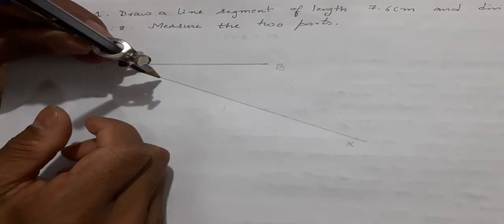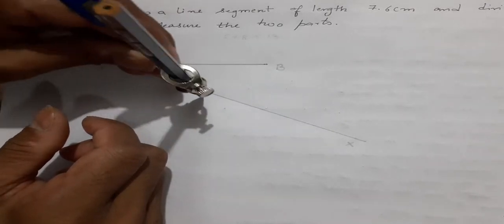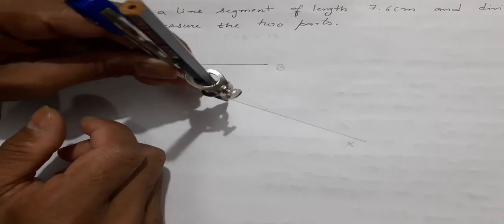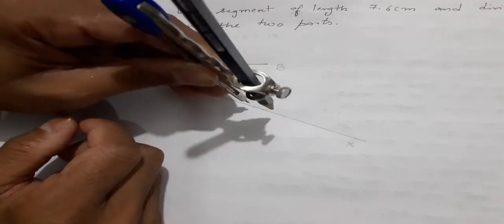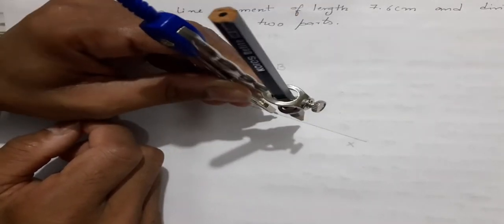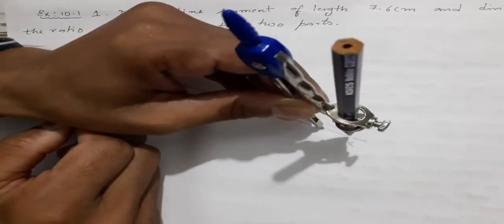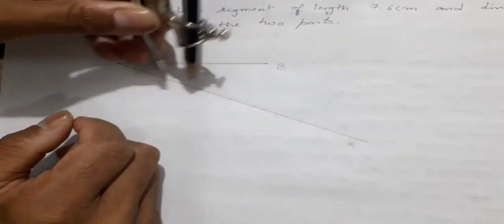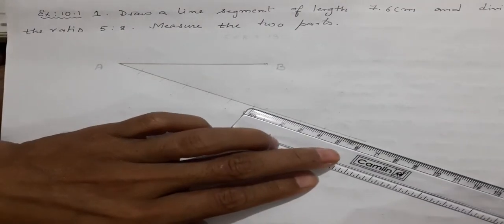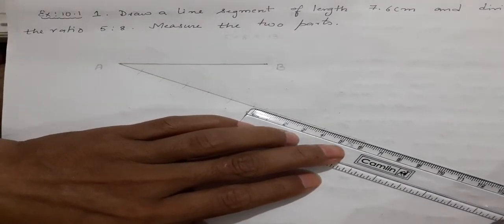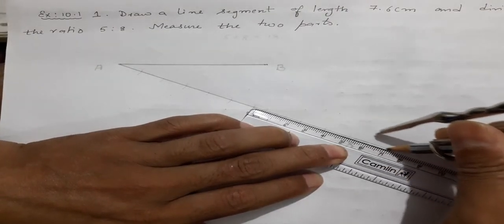This may be very big, but let's try how much it can go. 3, 4, 5, 6, 7, 8, 9, 10. So it is becoming a little smaller, so I'll extend the line because I need to make 13 such lines. I don't want to make it very small also, so let me extend it.